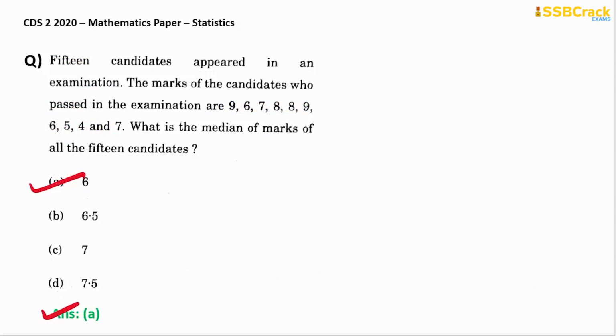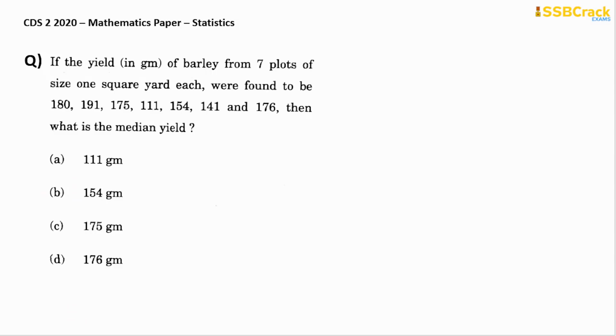Alright, next question on statistics was again on the finding of median, and here we have the data which is about the yield in grams of barley from 7 plots. So they mentioned the total observations, 7 plots, okay, 7 is the count. So 7 is again an odd number, right?